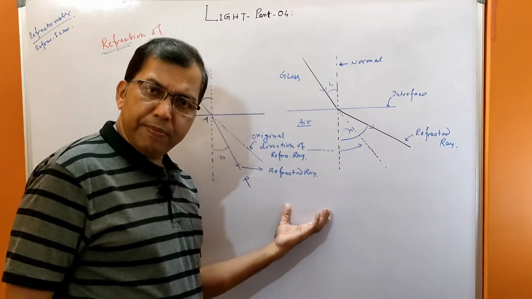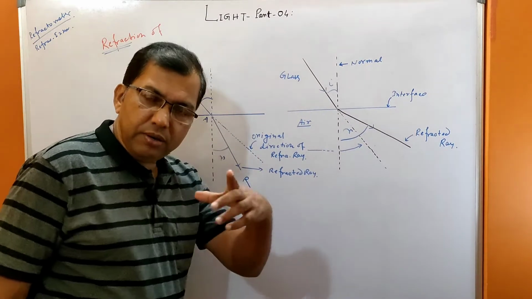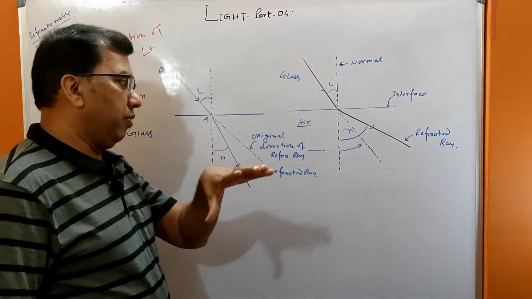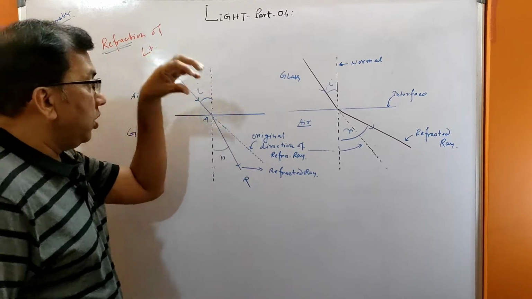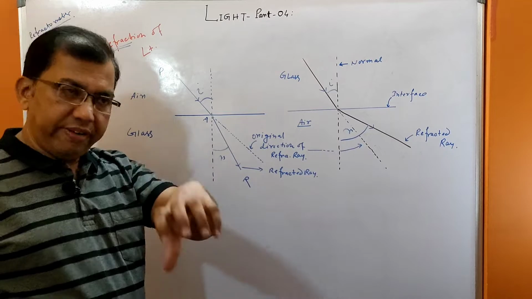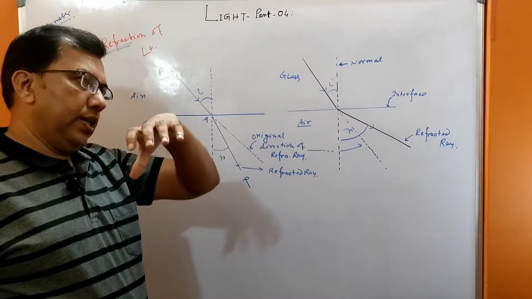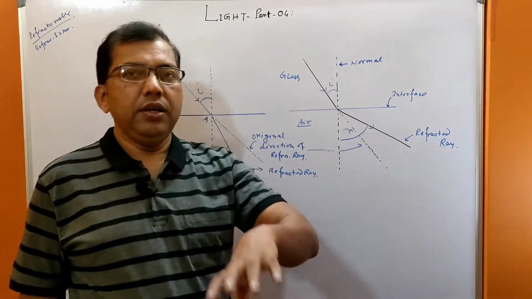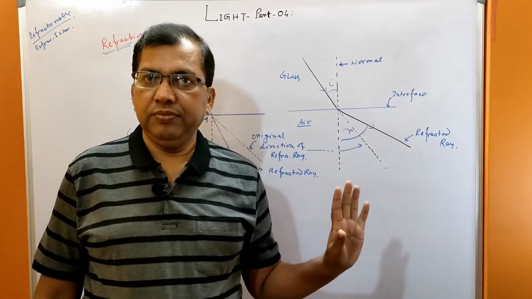How is refractive index measured? We can measure the refractive index by a refractometer. A refractometer is an instrument with which we can easily measure the refractive index.